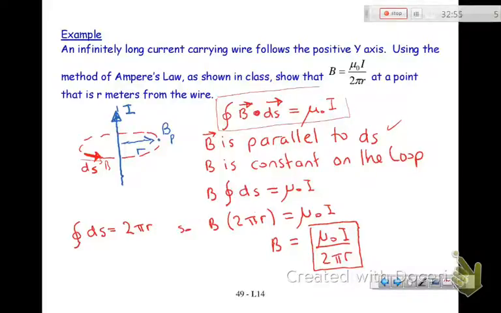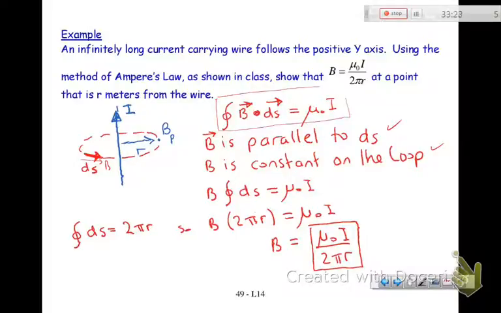We recognize that because r is constant, B is constant on the loop. Notice the loop is my Ampere's loop. It's an imaginary loop. It happens in this case to coincide with a magnetic field line because I like that. It makes my math simpler.